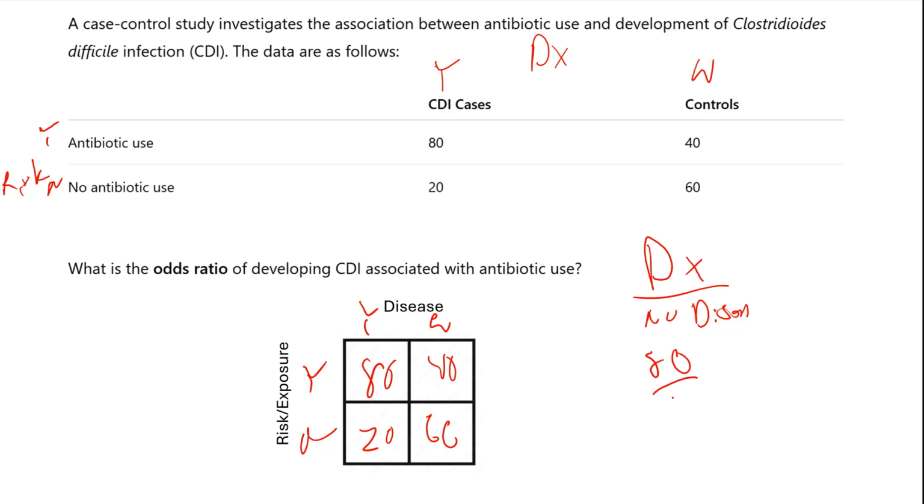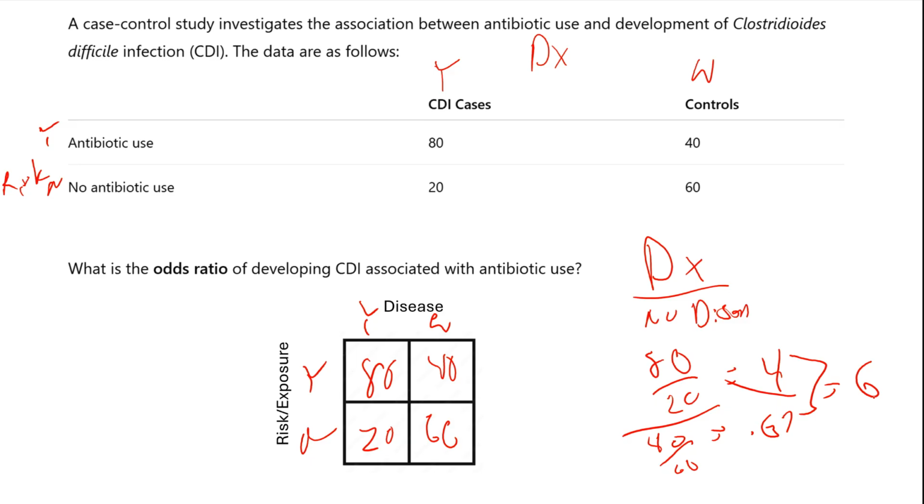So this will be 80 over 20, which is equal to 4, divided by 40 over 60, which is equal to 0.67. 4 divided by 0.67 is about 6. So remember, using our odds ratio, you are 6 times more likely to have it in your cases portion.